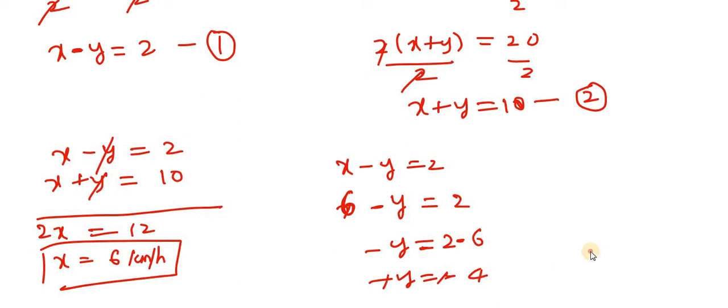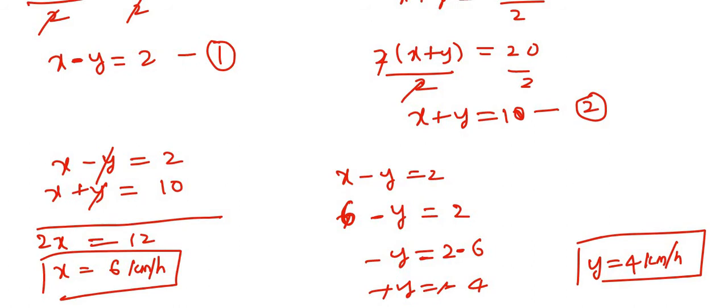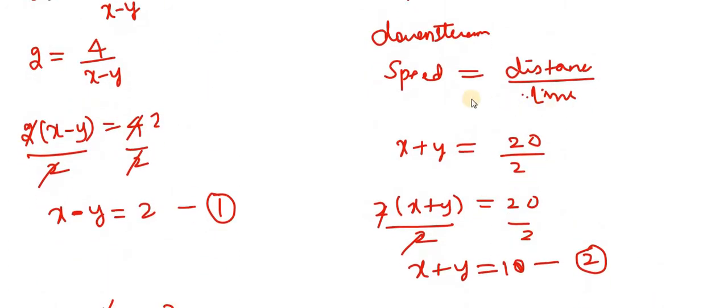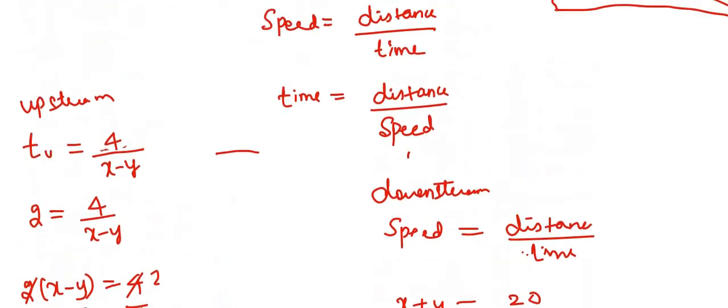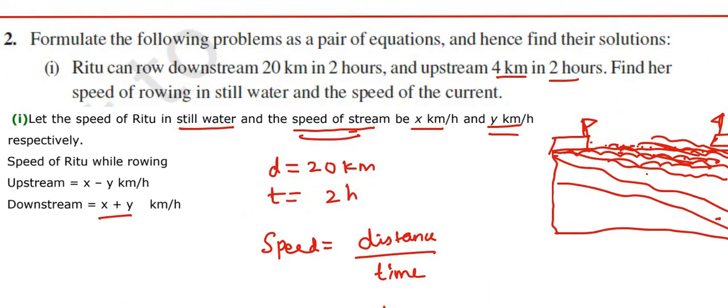The minus signs get cancelled, so y is equal to 4 kilometers per hour. So I hope all of you understood this. Here we used the speed formula, which is used in physics. Speed is equal to distance by time.